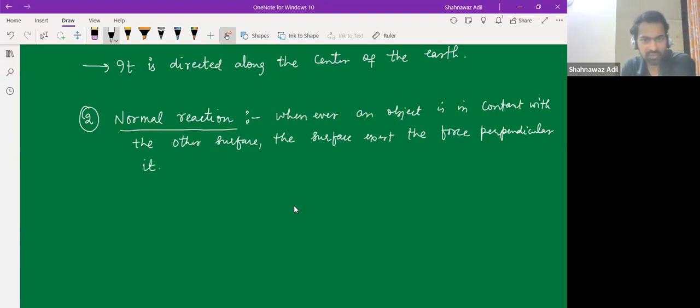So it is a contact force, right? So what is an example of the normal reaction?